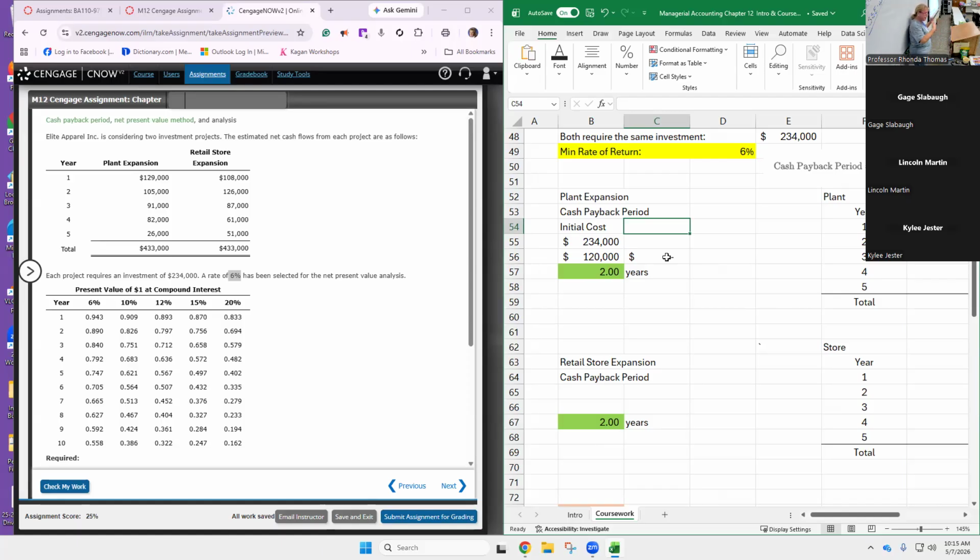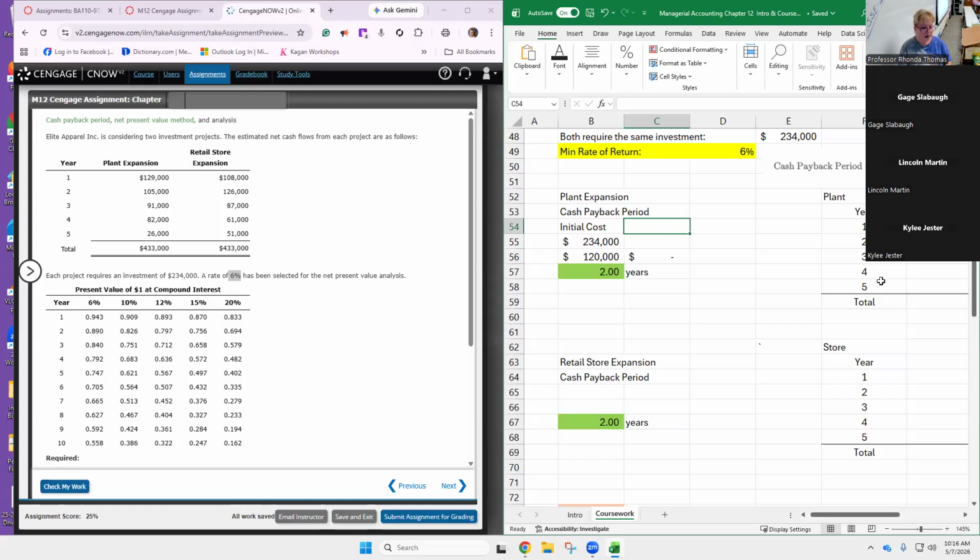So that's kind of the idea of this payback method. So if a business decides to invest in this, they want to see how many cash flows it's going to be before they're paid back, and then they'll start making money. Does that make sense?